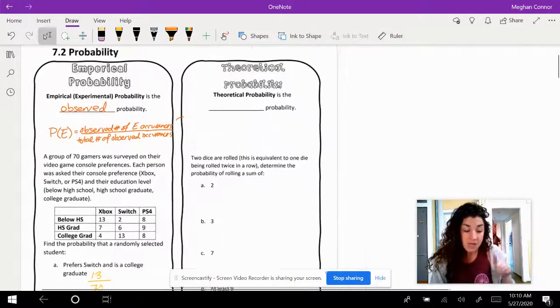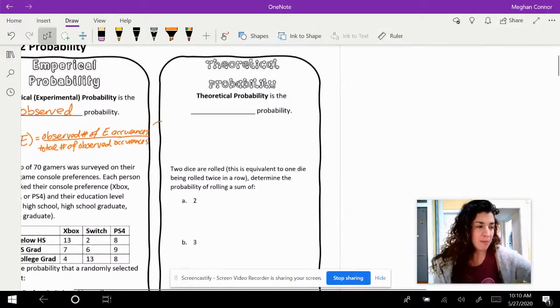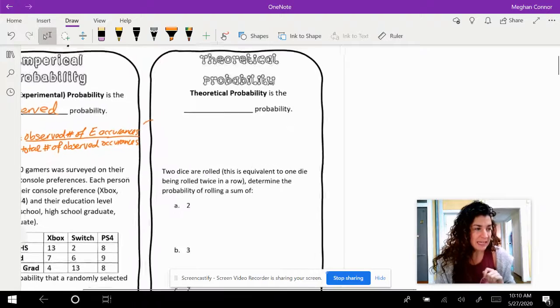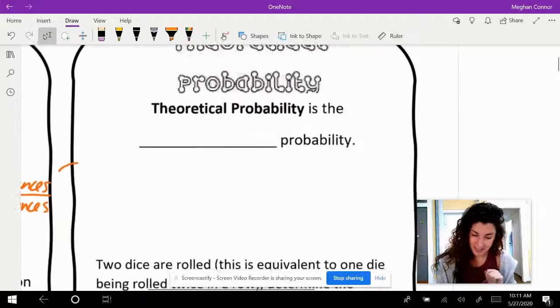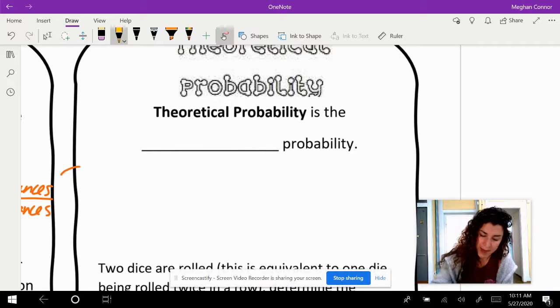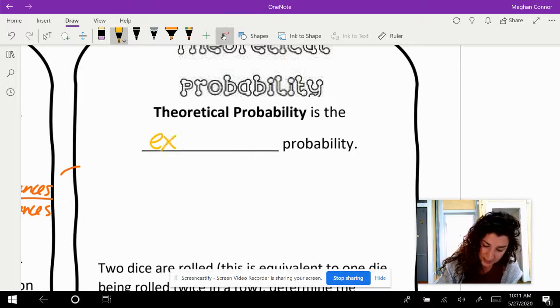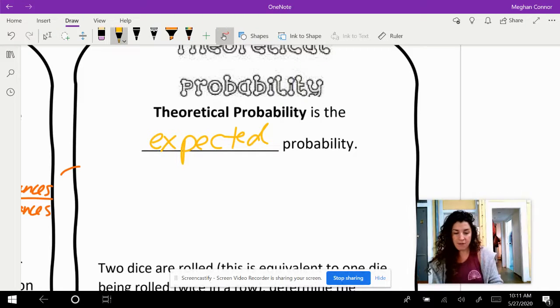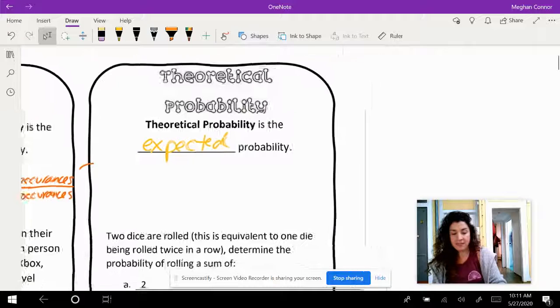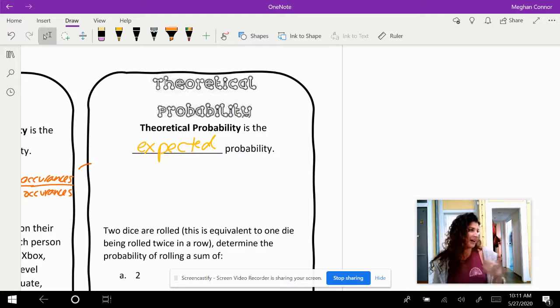Okay. Versus theoretical probability. Theoretical probability is the expected probability. Expected probability says that everything has an equally likely chance of happening, so tails versus heads, boy versus girl, those types of things.